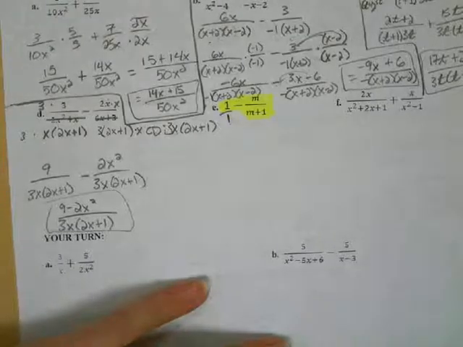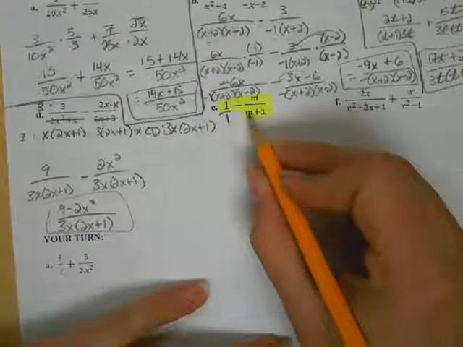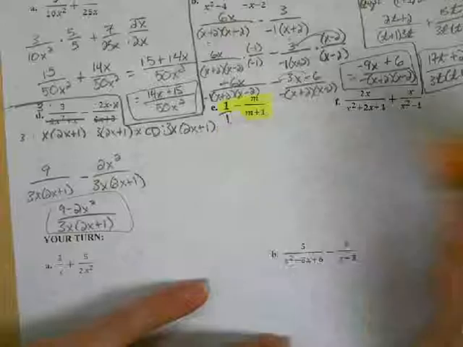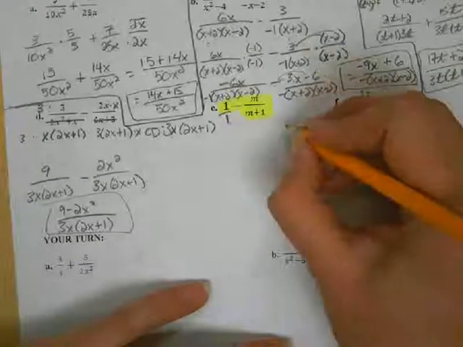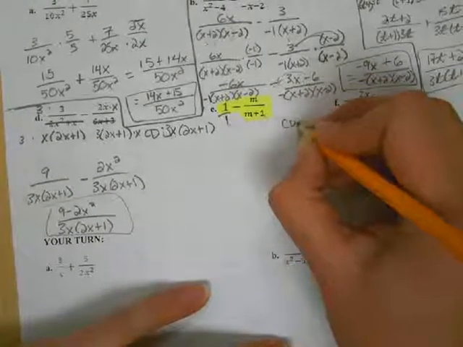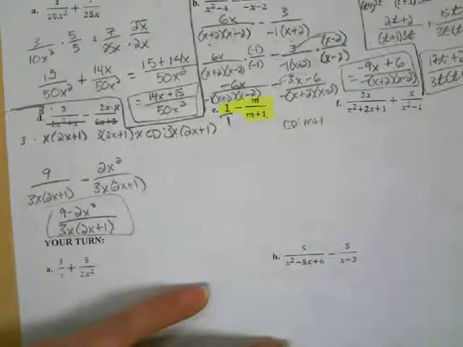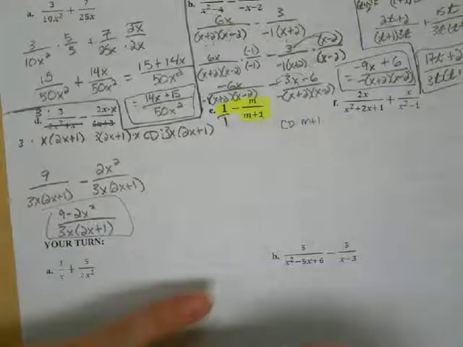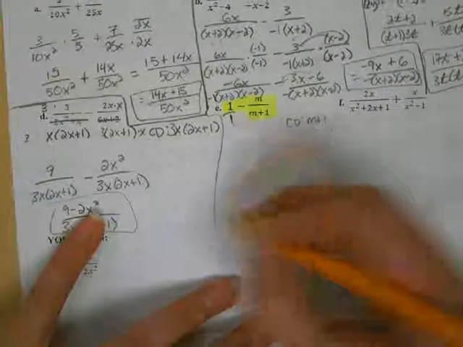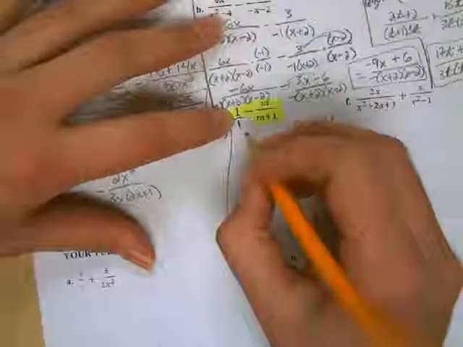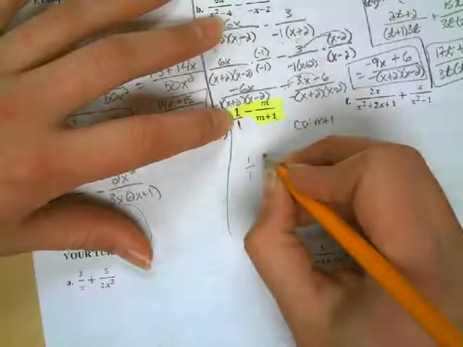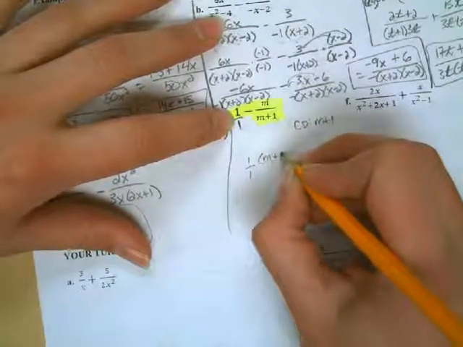So, I've got an m plus 1. Remember, I can't just add m, we only can multiply. So my common denominator between 1 and m plus 1 is just m plus 1. Which means I need to multiply the 1 over 1 by m plus 1 over m plus 1.